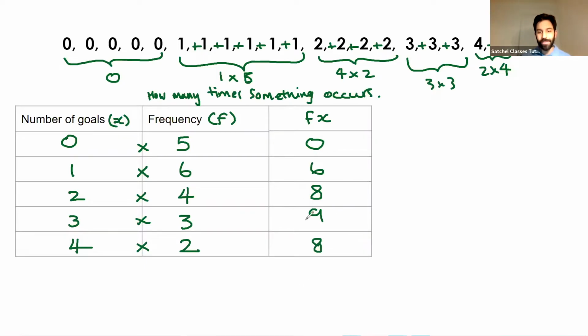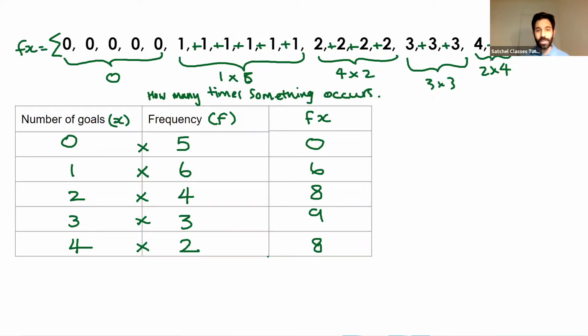Now that we have the fx column, if we add the sum of the fx column, we would get the total number of goals scored. Essentially, the fx column is all of these values added together. So I can say the sum of fx, this sign being the sum, is the following values added together.